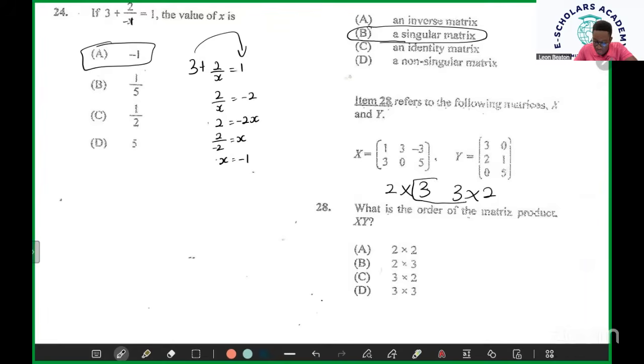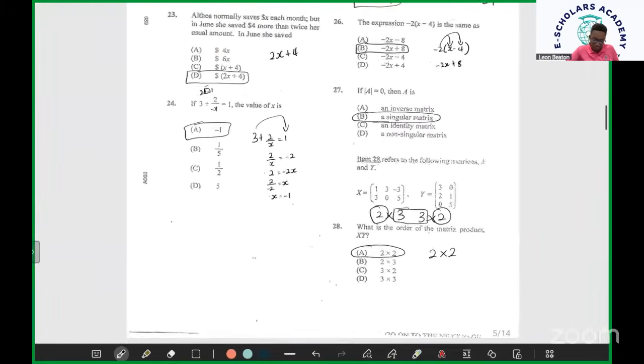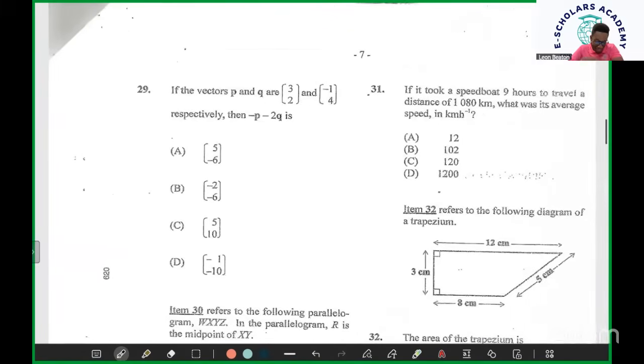So the inner numbers mean they are compatible, and the outer numbers will tell us what the order of the product will be. So this will be a 2 by 2 matrix, which is simply A. Business as usual rule.